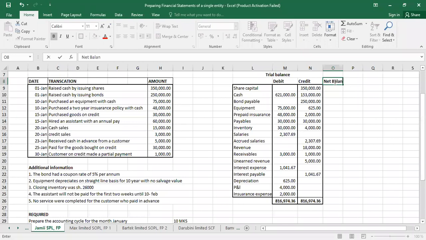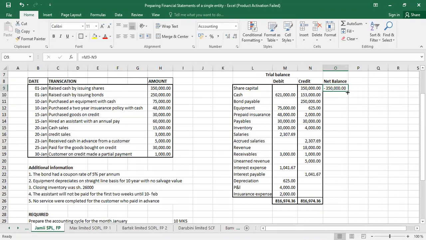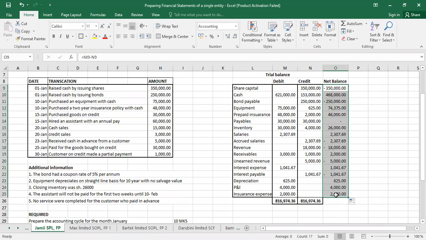Net balance equals the debit minus the credit. I drag down. Then I do the border again, go to the tag column, Control Enter, and Control B.